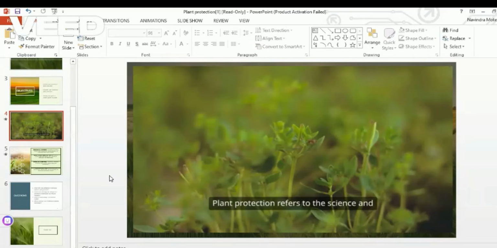Miss, I learned about the methods used to control pests, such as the biological control and chemical control. Very good. Miss, there's also the IPM method. Yes, very good.